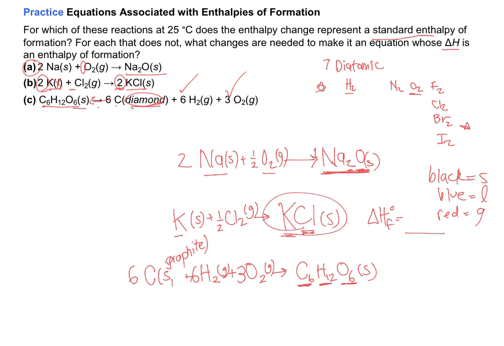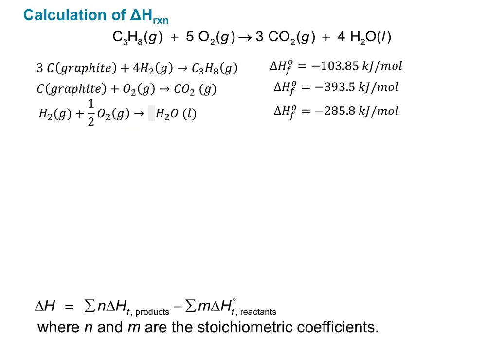All elements in their elemental form, their enthalpy of formation is 0. So that's just good to know. If something's an element, its formation value is 0. So here on this slide, we can see this chemical reaction, propane getting combusted in oxygen to produce carbon dioxide and water.